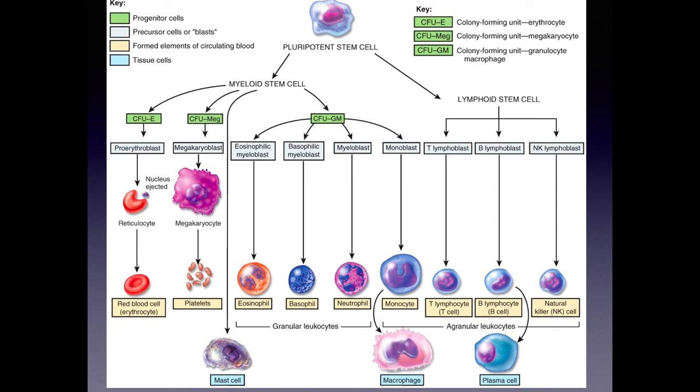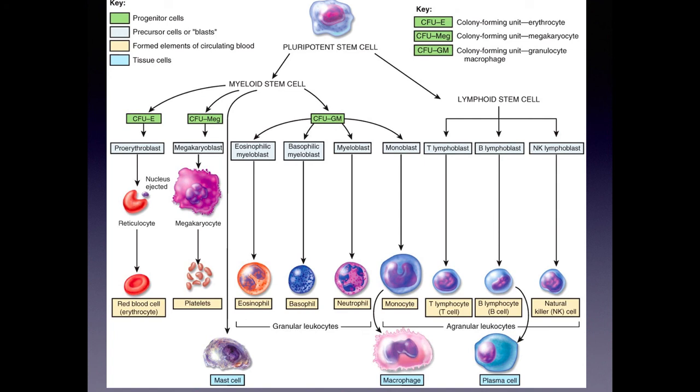If you take a look at the image here, you'll see that from the pluripotent stem cell, you're either going to go toward the left or the right-hand side. So there's only one of two options, at least in that first step. It can either become a myeloid stem cell or a lymphoid stem cell.